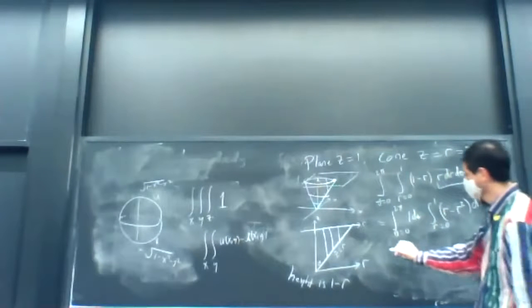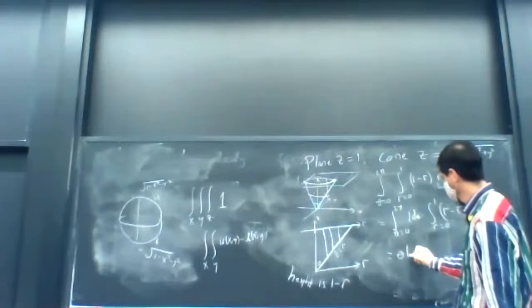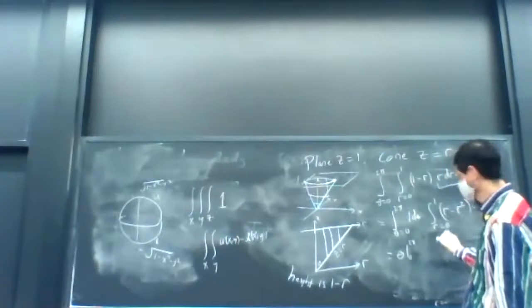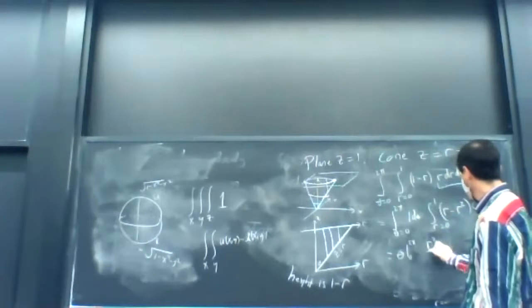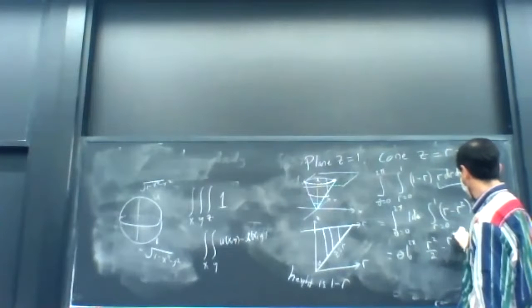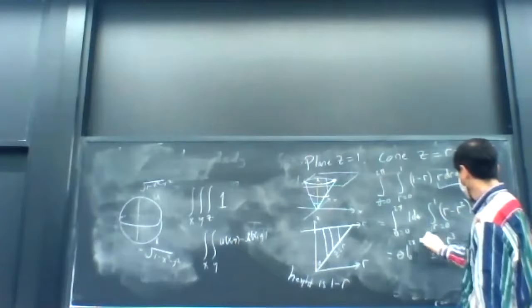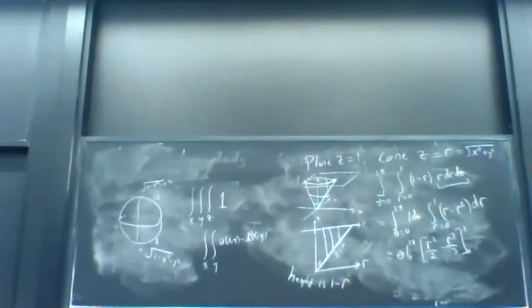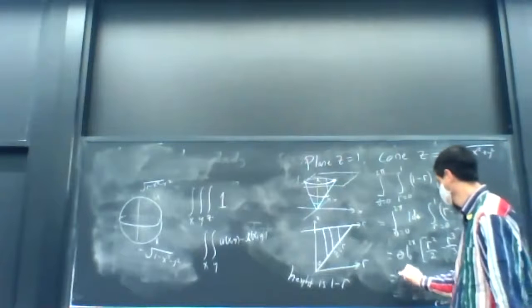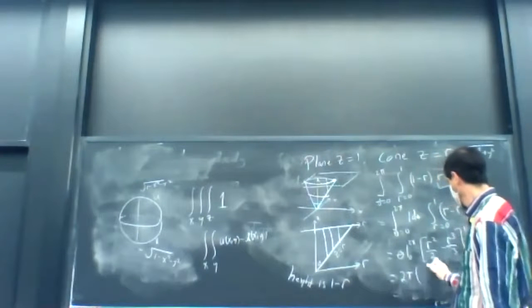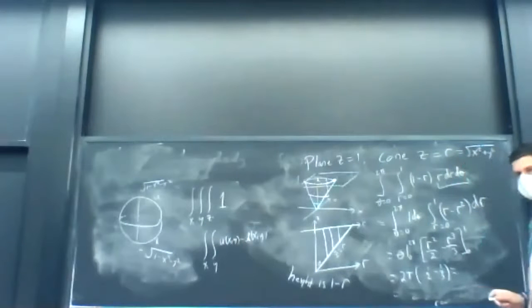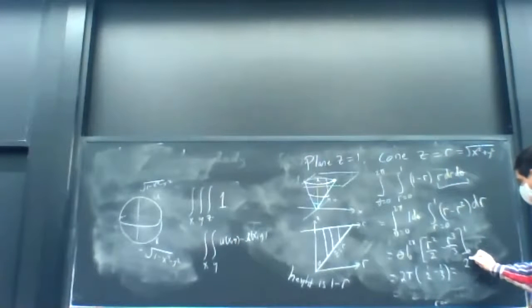And so now when we integrate, this is going to just give us theta, evaluated at 0 and 2 pi, times when we integrate this, we will get r squared over 2 minus r cubed over 3 at 0 and 1. So we get 2 pi times 1/2 minus 1/3, which is 1/6. So we get 2 pi over 6.